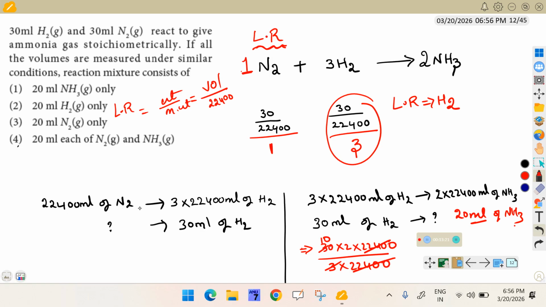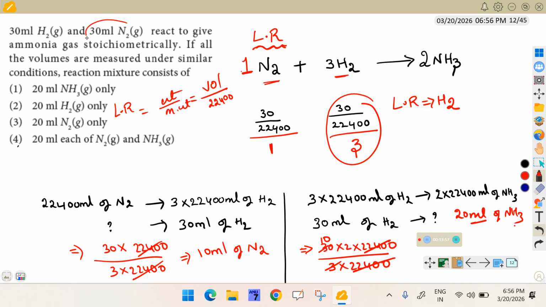According to the given equation, 1 mole means 22,400 ml. 22,400 ml of N2 reacts with 3 into 22,400 ml of H2. Then 30 ml of H2 reacts with how much ml of N2? 30 into 22,400 cross multiplication divided by 3 into 22,400. 22,400 cancel. Then 10 ml of N2 is required.